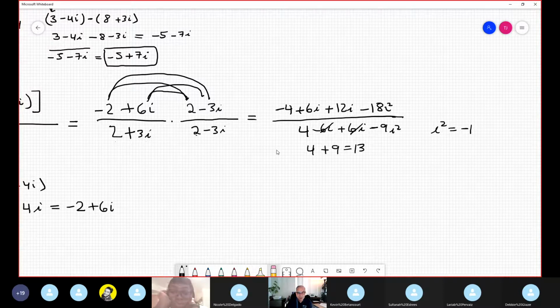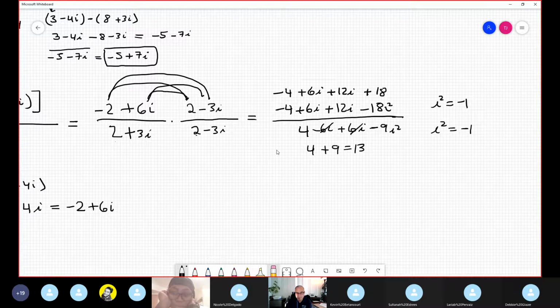One more time, it's classical. When we are doing the multiplication, we always find i squared, and you replace i squared with negative 1. So we have negative 4 plus 6i plus 12i plus 18. Again, the same situation. Double negative becomes positive.